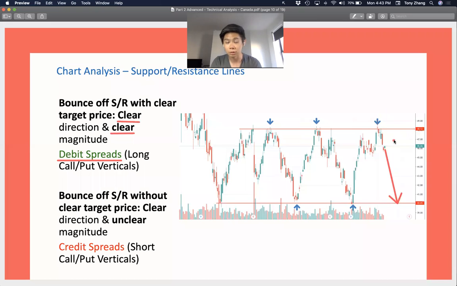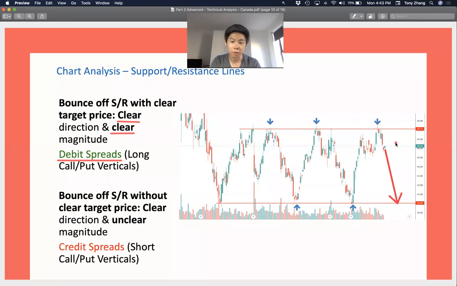What that gives me is a very efficient way to play for this particular stock to go from 46 down to $40. If that happens, you'll probably get paid about 2 to 1 on your risk to reward ratio while risking only maybe 4 or 5% of the underlying stock price in order to do so. That's the most efficient way to deploy your capital when you have a directional view with a clear sense for magnitude.